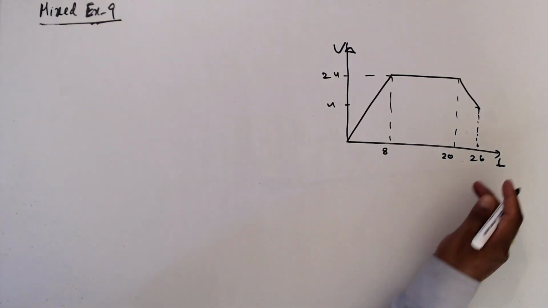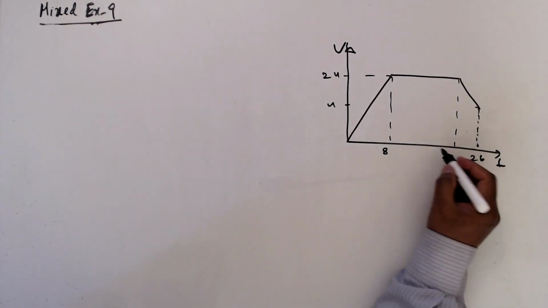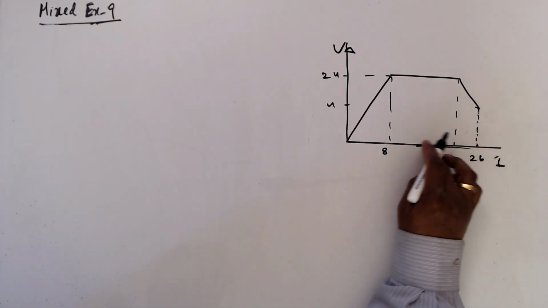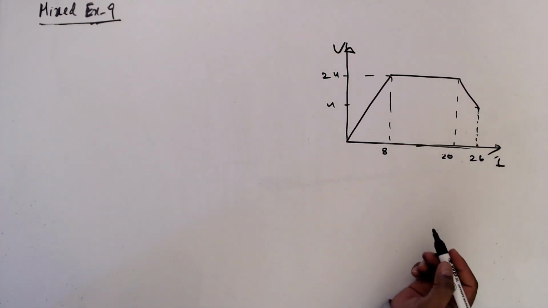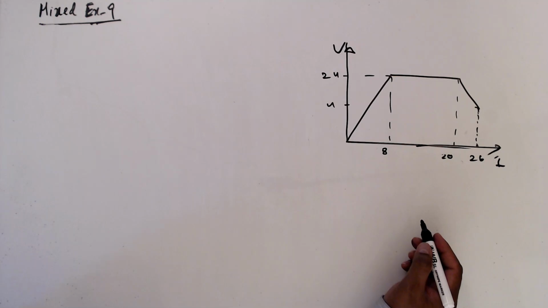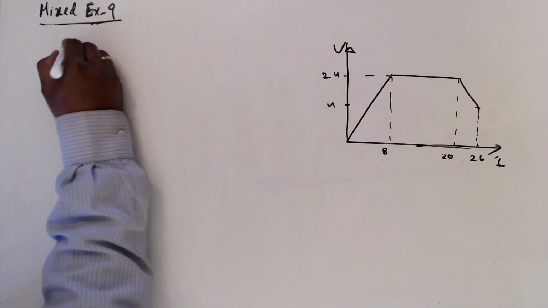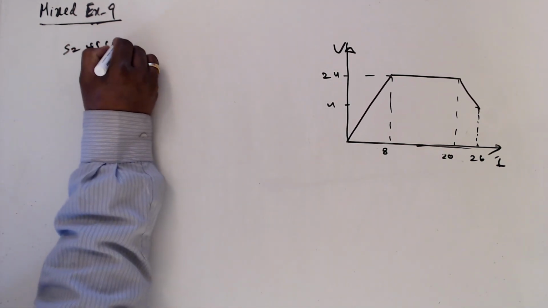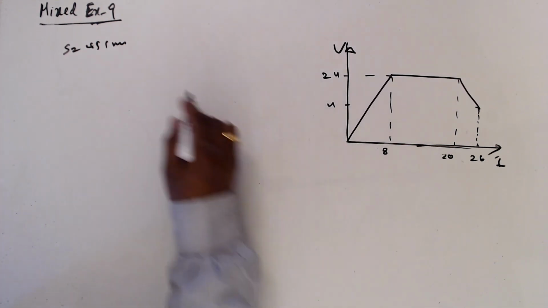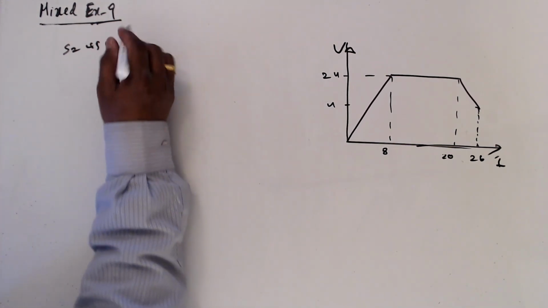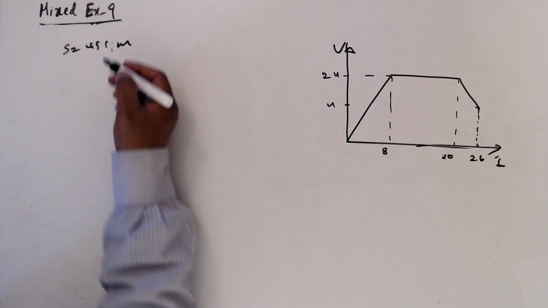Question number 9. This is a particle movement. The distance traveled is 451 meters, and we need to find u. That's the question.